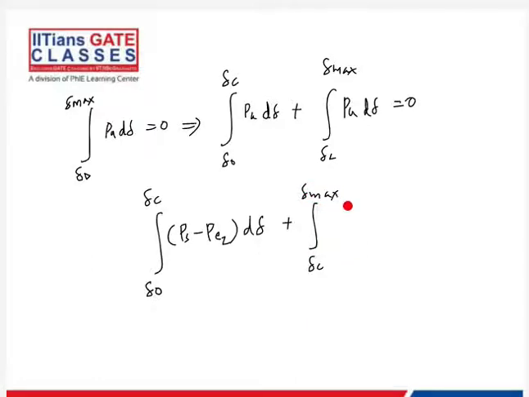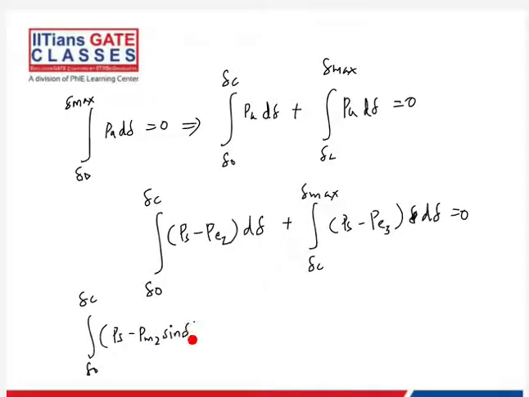From the clearing point it is PS minus PE3, to 0, right? So now if we further substitute, what would that be? Delta 0 to delta C of PS minus EM2 sin delta d delta.